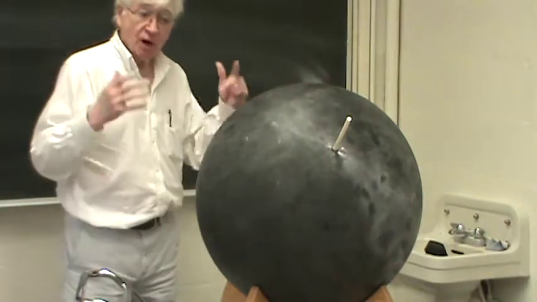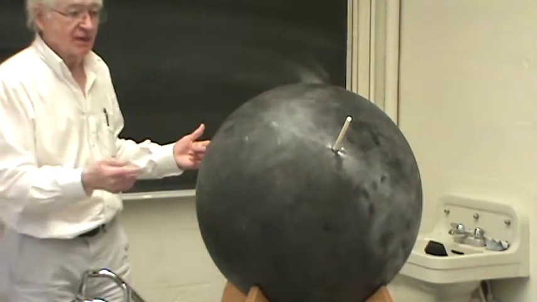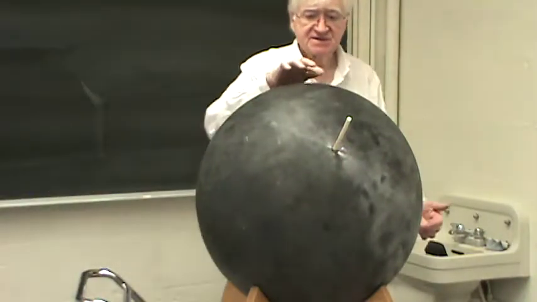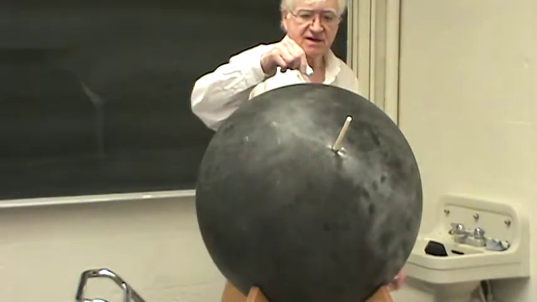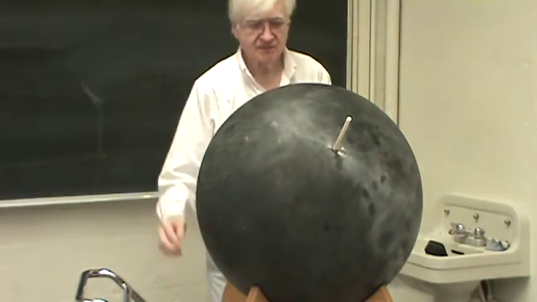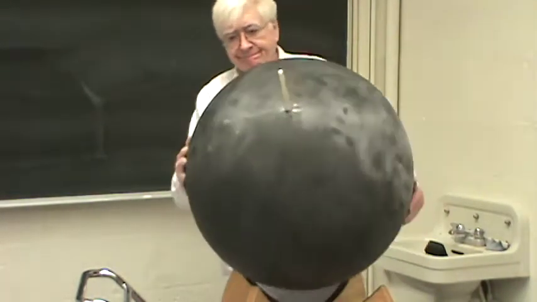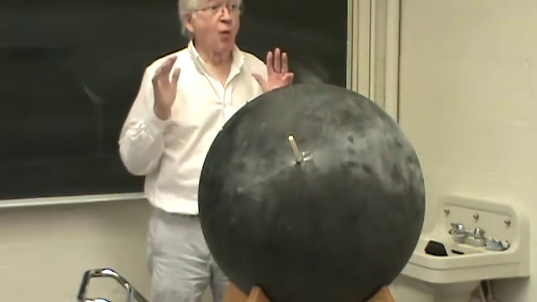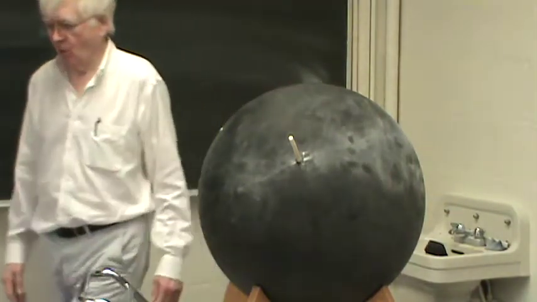Now I want to do a right-handed rotation about the y-axis, which is pointing toward you. Let me put a mark on the top so I get some idea of the distance here. Roughly like that. That's the right-handed rotation about the y-axis.